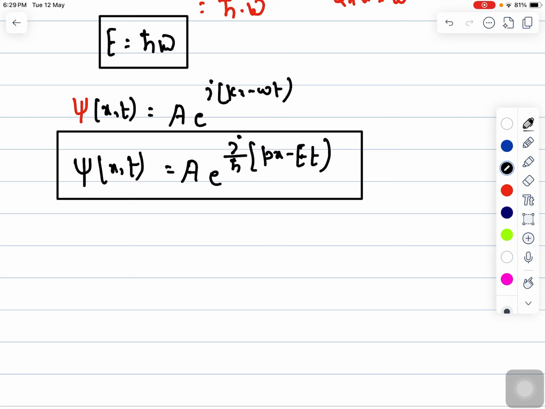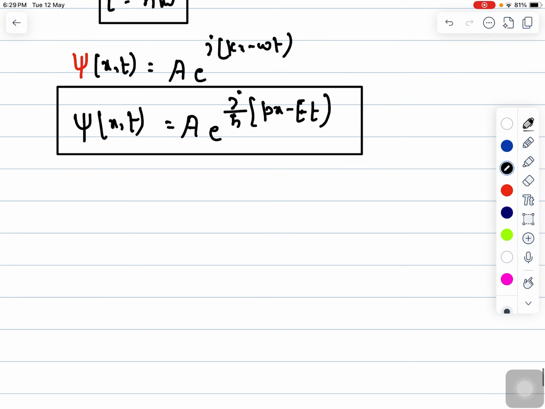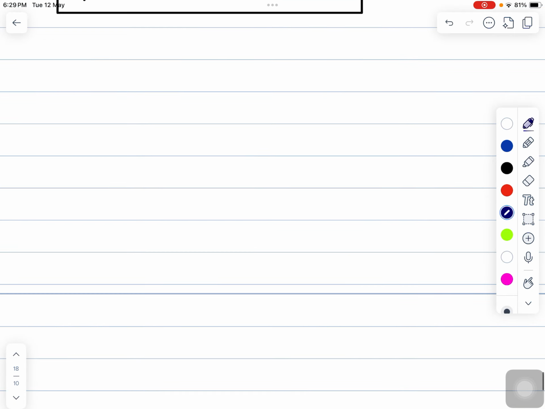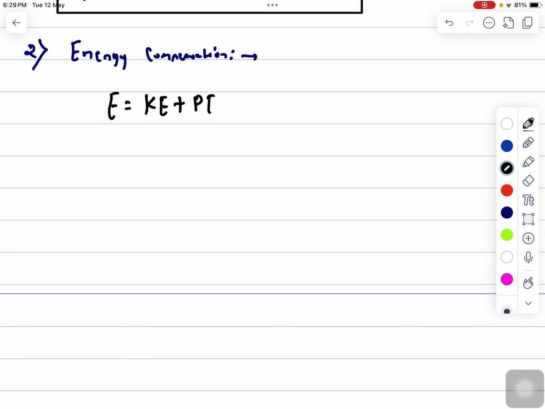So this is the first assumption. Now we'll talk about the second assumption for the derivation of the Schrodinger equation: it should follow energy conservation. What do you mean by energy conservation? The total energy E equals kinetic energy plus potential energy.